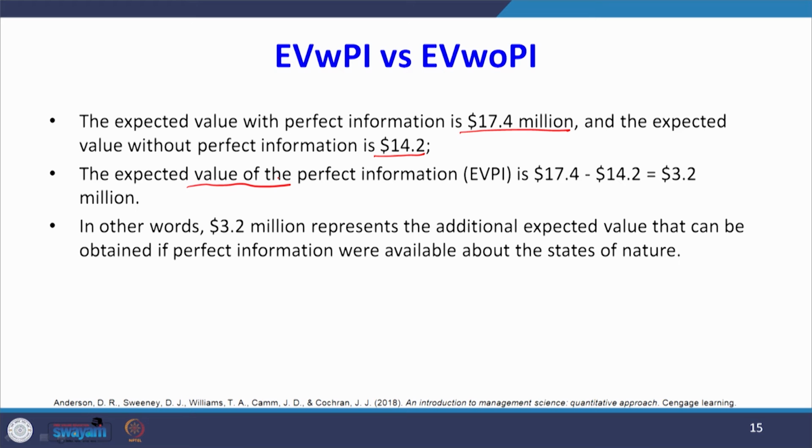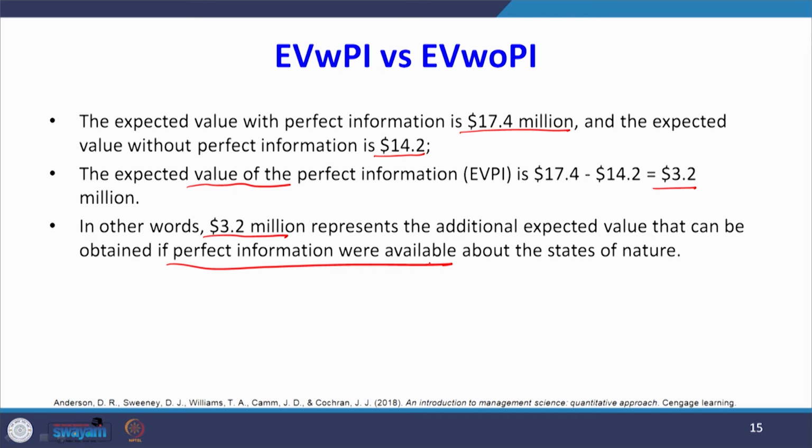Expected value with perfect information, that is 17.4, minus expected value without perfect information, that is 14.2, is $3.2 million. In other words, $3.2 million represents the additional expected value that can be obtained if perfect information were available about the states of nature.